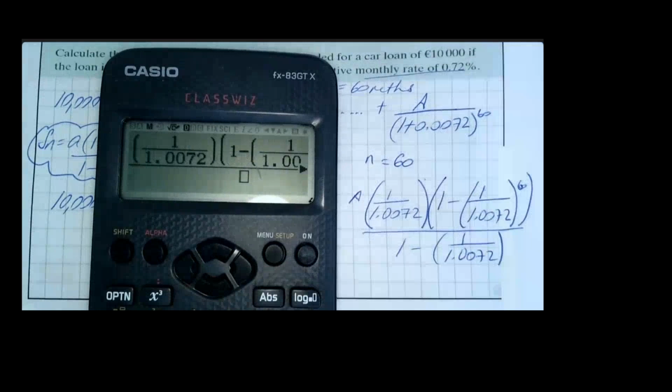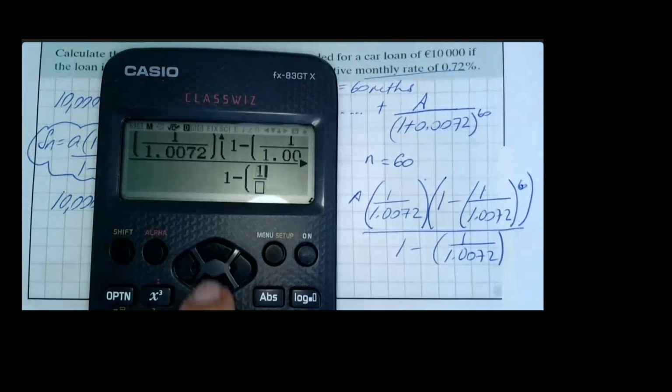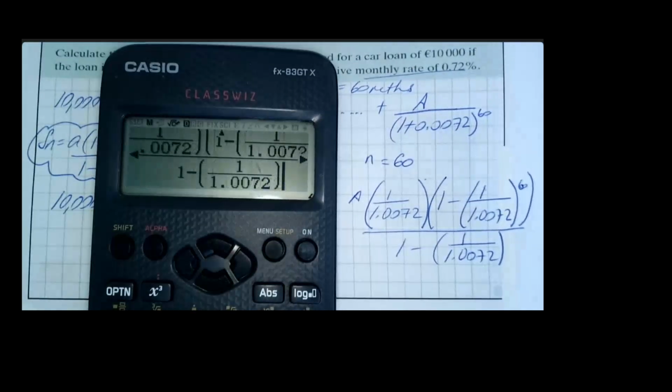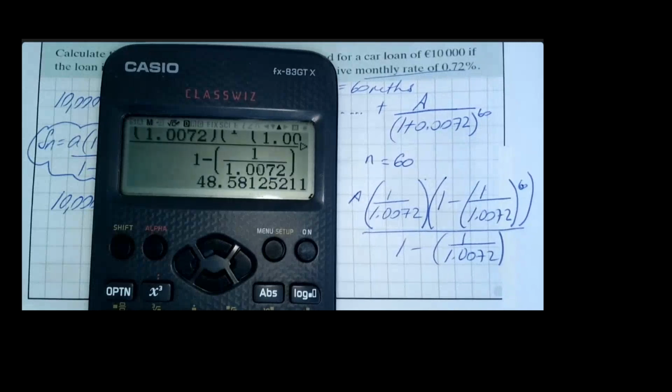Come down then on the bottom, I'm going to do 1 minus, open the bracket again, and I'm going to put in that other fraction on the bottom, 1 over 1.0072, and close the bracket. And I'm getting 48.58125211.